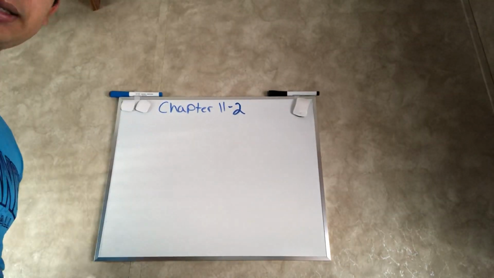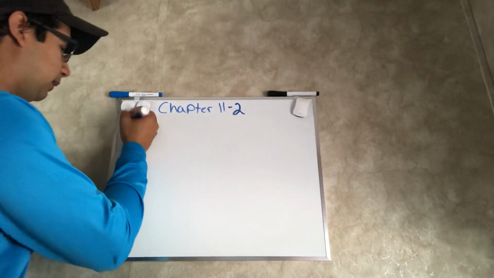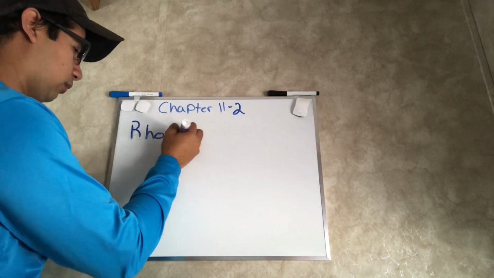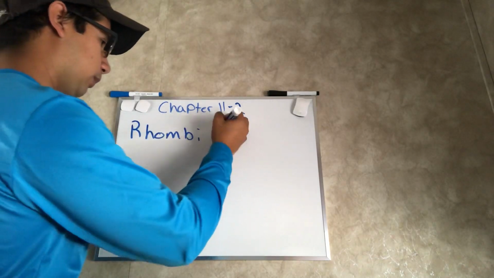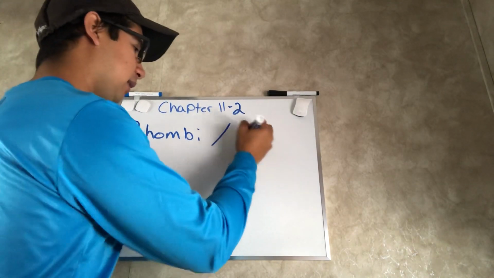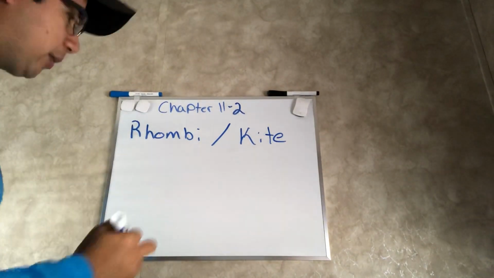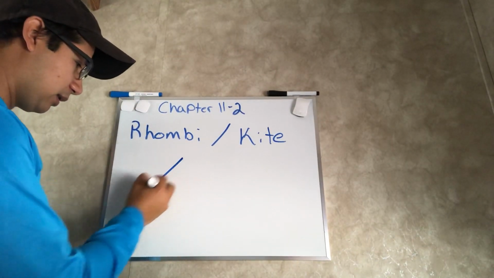Now going on to a rhombus slash kite. I'm trying my best to draw these.